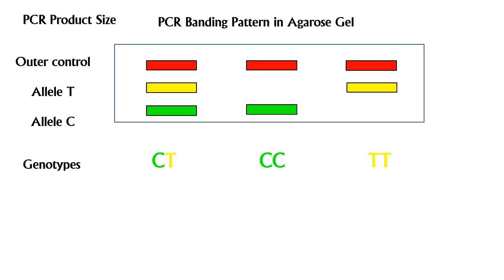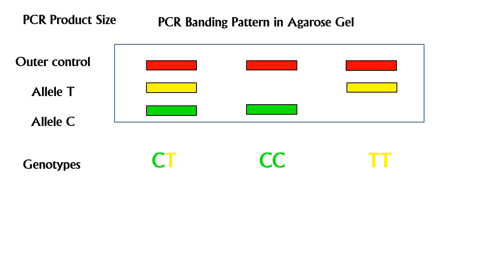These bands are formed on the basis of length, and we know the product of each primer. So on the basis of the length of the product, we will be able to recognize which primer has worked and which primer has not worked.